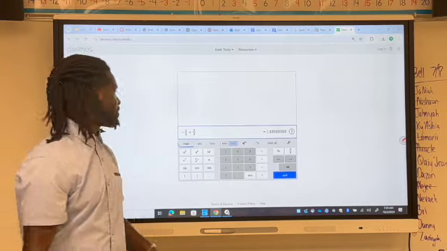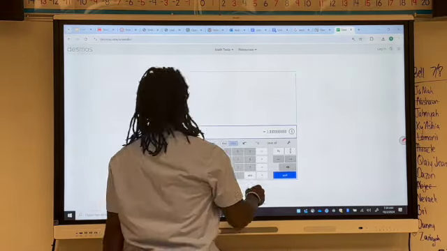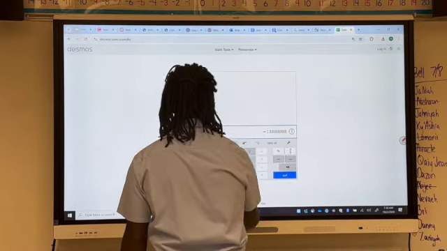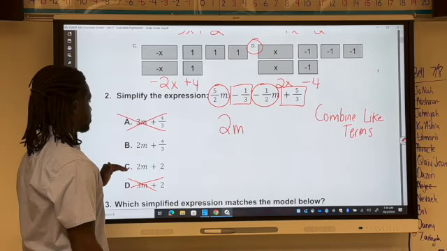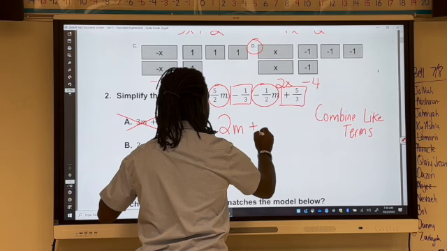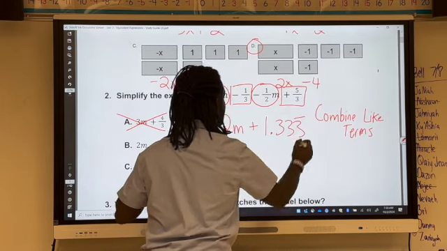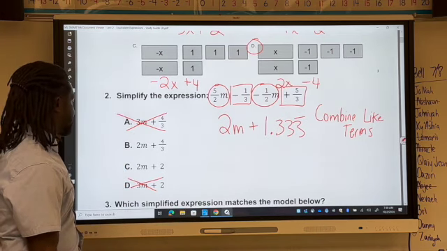And I want to show you something. Here I get 1.3, and it's 3, and it's repeating, okay? But I don't have that as an answer choice, all right?